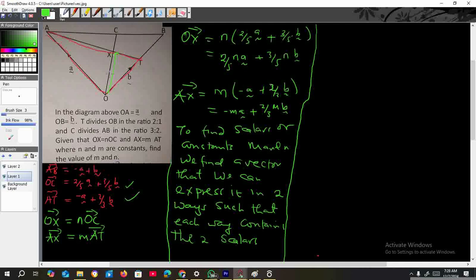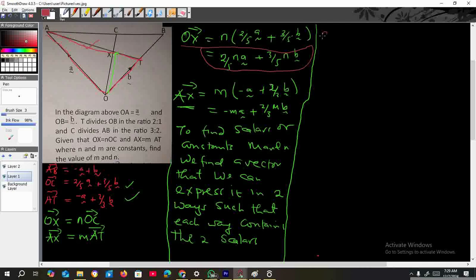We say that OX is given by OA plus AX. The AX we have it here. Now we'll be able to express the OX in two ways. So we've already found the OX in terms of N. So we find it in terms of M. And the only part that has M is this AX here. So we have to use the part OA plus AX.